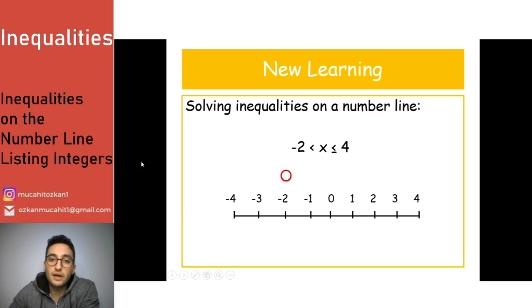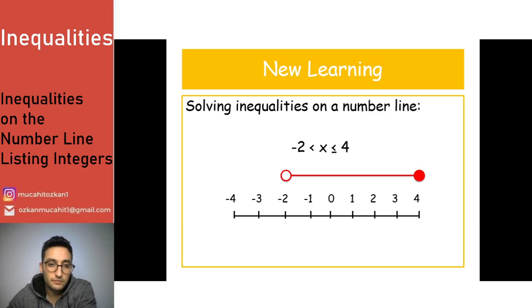On the right side, x is less than or equal to 4. So 4 is included. That's why I'm going to draw a circle on top of 4, and I'm going to shade that circle as 4 is included. Then x might be any value between these two. So I'm just going to join these circles to show the inequality on the number line.